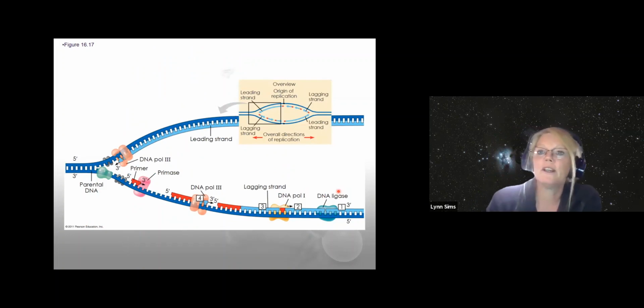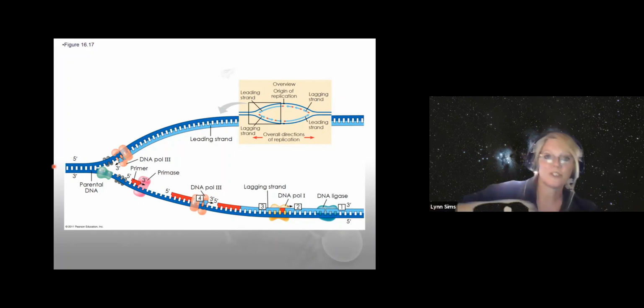We're going to revisit that in just a moment, but let's look at the overall process here. This shows the leading strand. It's going to be done continuously. We have DNA polymerase 3 in here. We have the replication fork. Beyond the replication fork, topoisomerase is going to be creating gaps and relieving the strain that's caused from separating the strands, because they're helical, they're twisted.